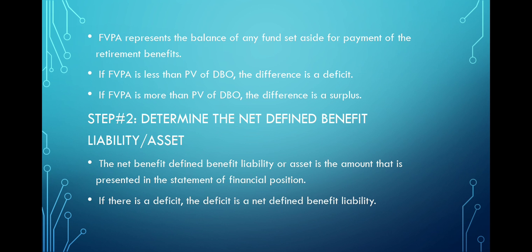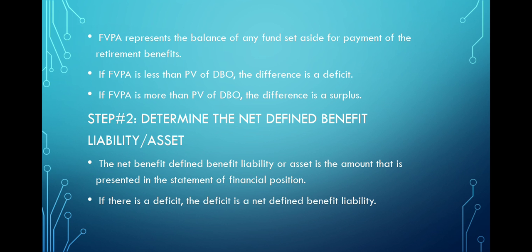Another term for income statement is the statement of comprehensive income, while the balance sheet in other terms is the statement of financial position. So the net defined benefit liability or asset should be presented in the balance sheet.